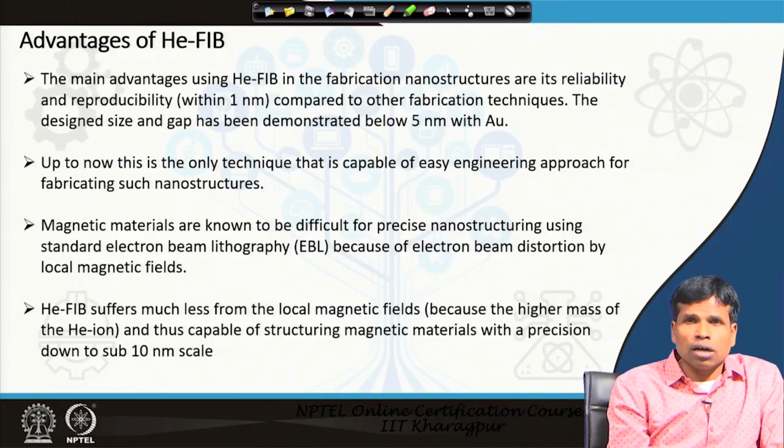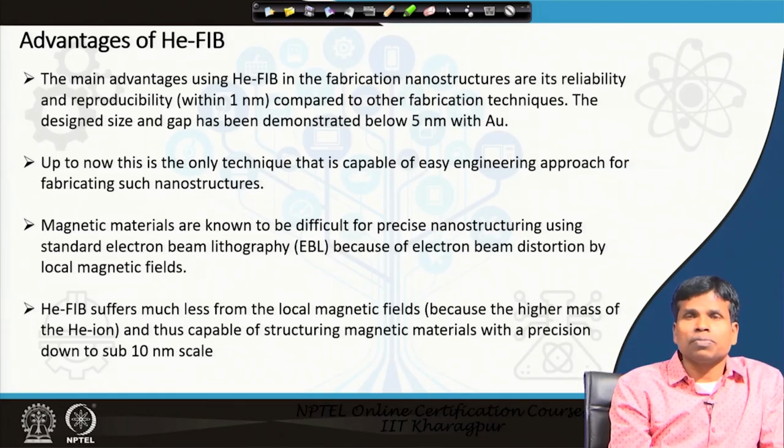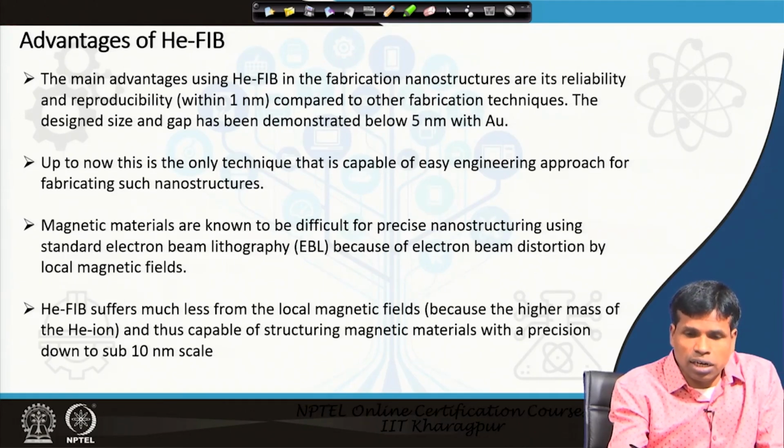But the magnetic field of the sample will affect the incident ions less. Therefore, nanostructuring of magnetic materials can easily be done with helium ion microscopy as compared to electron microscopy.